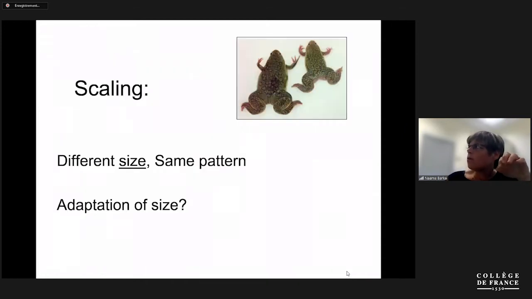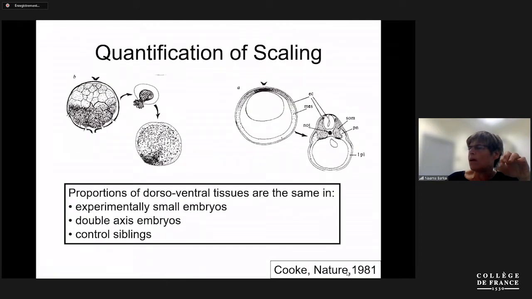And what Jonathan Cooke did in this 1981 experiment is he took the same experimental paradigm and he quantified it. So he generated very many embryos, not by cutting them, but by sucking out cells. So he generated small embryos in a very refined way.